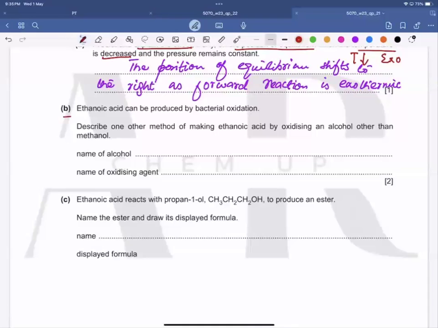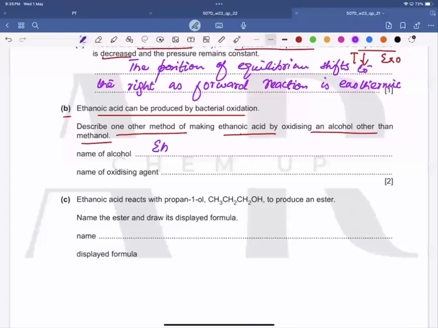Now, B. Ethanoic acid can be produced by bacterial oxidation. Describe one other method of making ethanoic acid by oxidizing an alcohol other than methanol. Okay, ethanoic acid. So, what alcohol do we use? Yes, very good, Shayan.